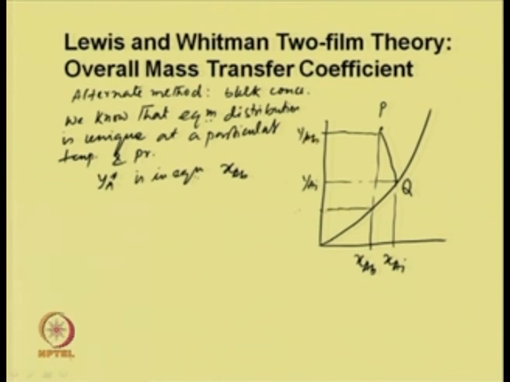So, this is YA star, which is in equilibrium with XAB.